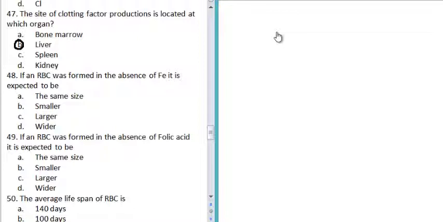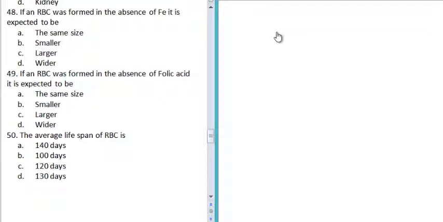If an RBC was formed in the absence of iron, it is expected to be smaller, because an RBC without iron has no hemoglobin. You need iron so that you can attach hemoglobin to the RBC. So it's smaller. Okay, next. Now, number 49.